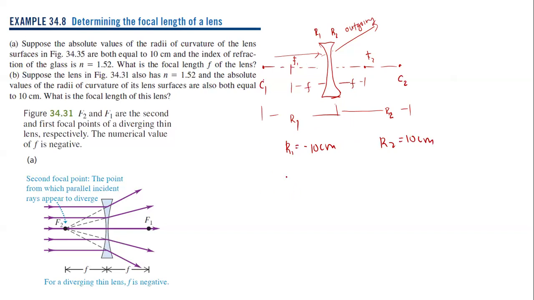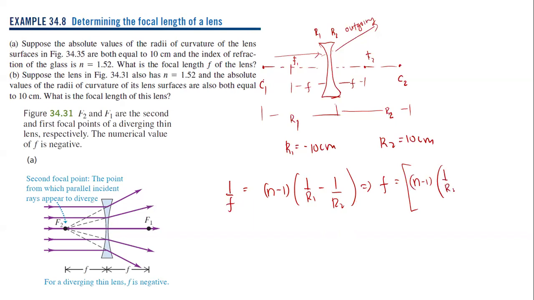To answer the questions, we need the equation 1 over F is equal to n minus 1 times 1 over R1 minus 1 over R2. Or you can say F is just equal to n minus 1 times 1 over R1 minus 1 over R2, to the negative 1.